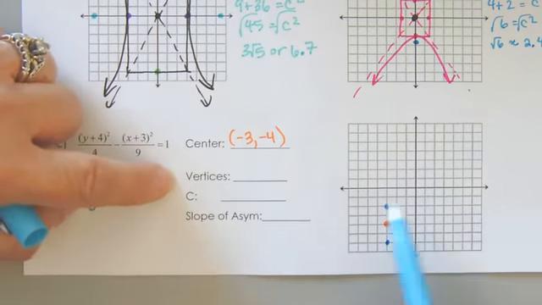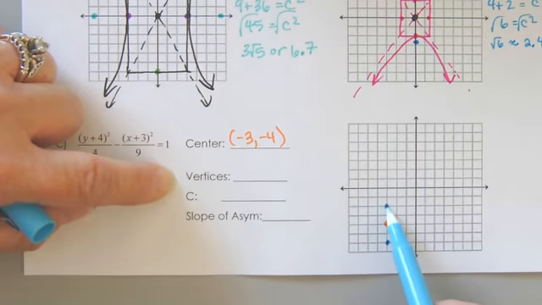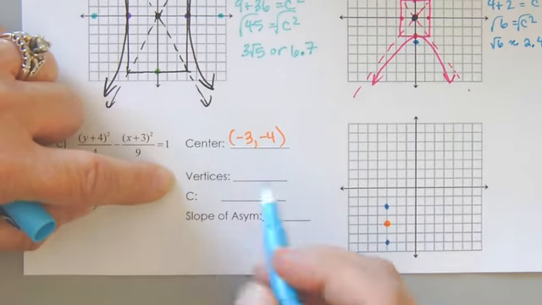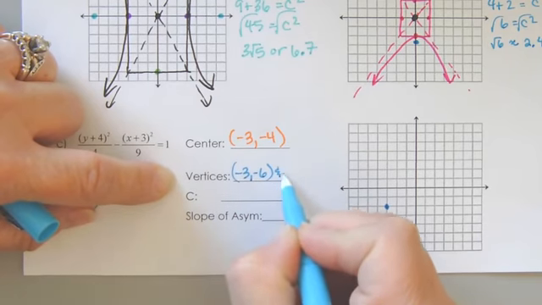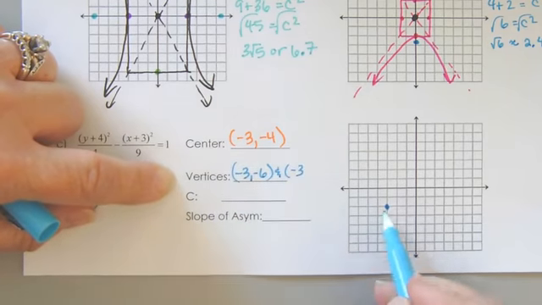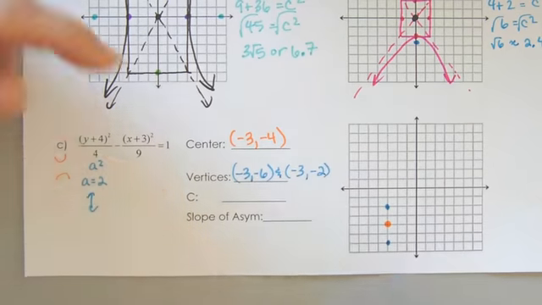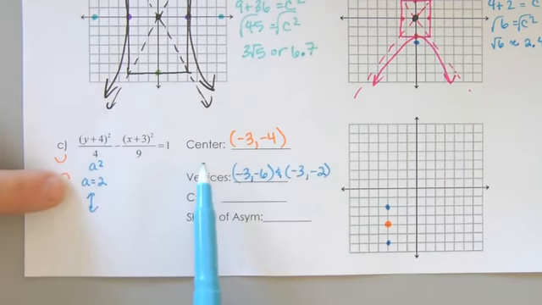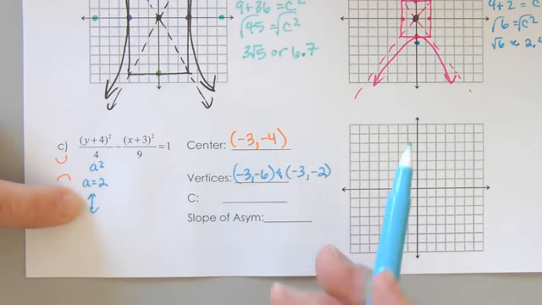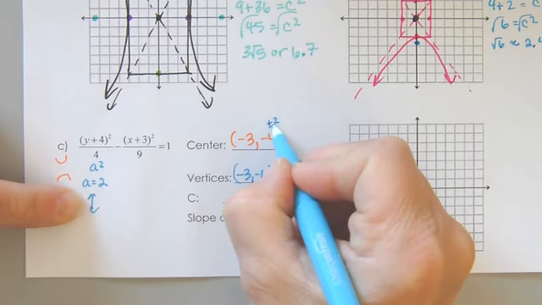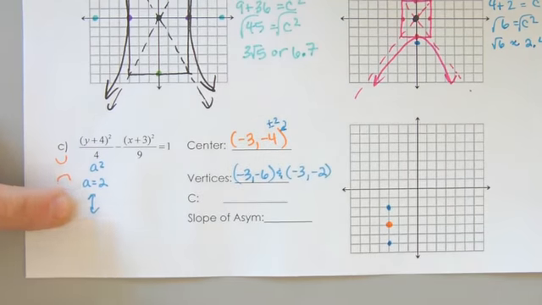You can look at the graph. So it went back 3, down 1, 2, 3, 4, down 6. So -3, -6, and -3, and that went down 2. Or mathematically, you could have just done the x is going to stay the same, only the y is changing, so you would add and subtract 2 to your y value. So if you want to do it that way.